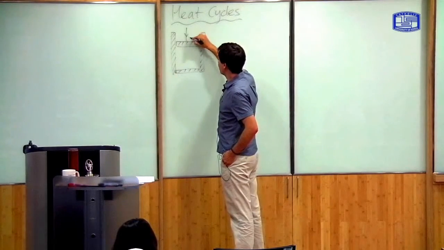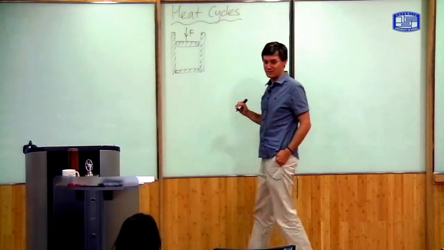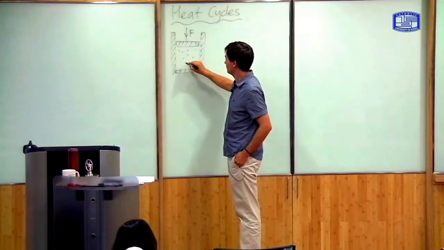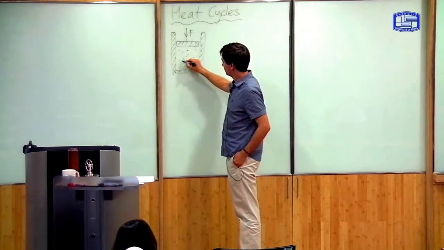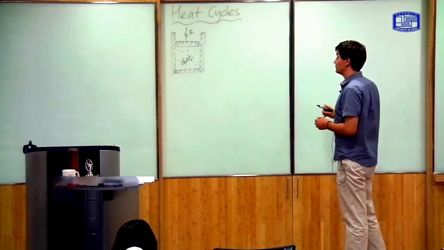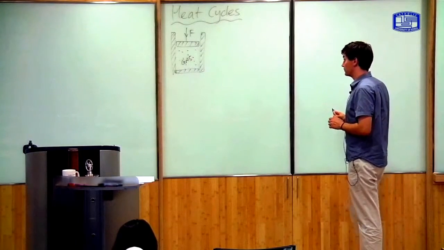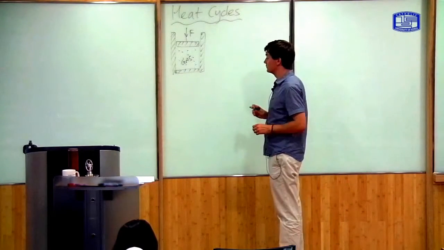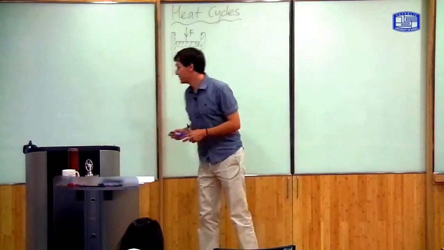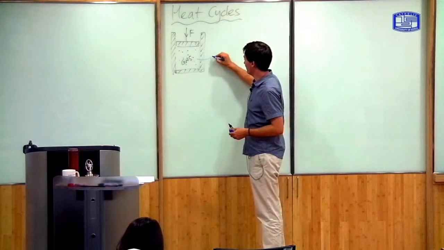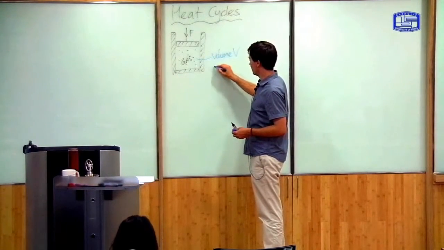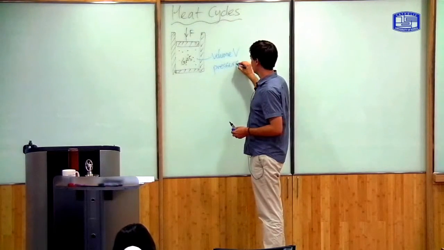And you're controlling the pressure with this piston, which applies a certain amount of force to the gas. So we've got this gas. We'll say it's got a volume V, and it's got a pressure equal to P.